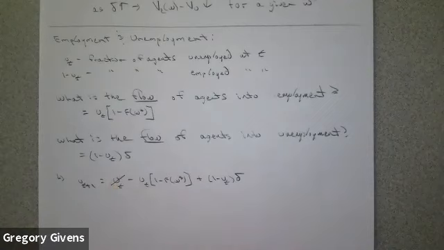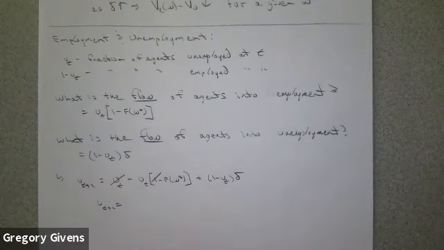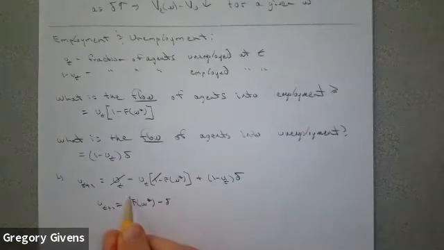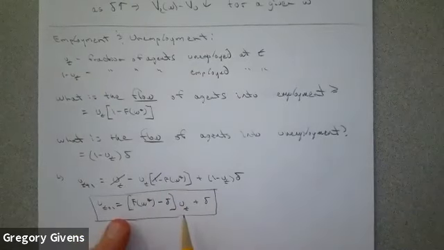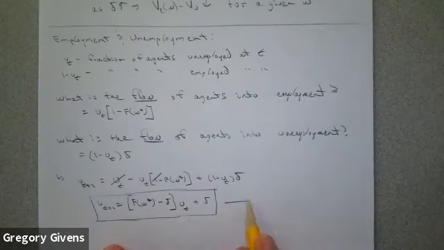This UT should cancel with this UT, and you're going to end up with UT plus 1 is just equal to, let's see, F of W star minus delta times UT plus delta. Now that looks nice. Like I said, you'll notice here that this is just a linear law of motion for the economy's rate of unemployment.